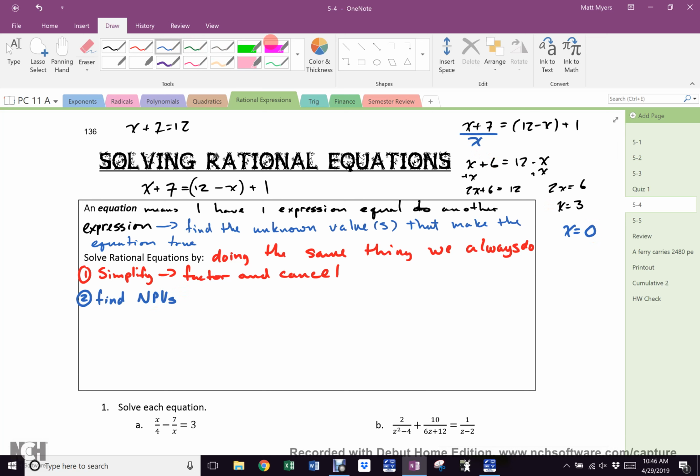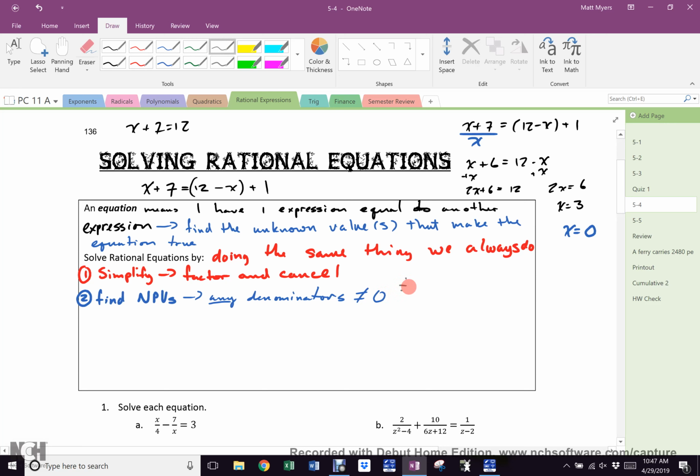How do you find your NPVs? Where do we look? Any denominators. Because remember, when we're multiplying, there's going to be 2, isn't there? Any denominators, they can't equal 0. What's my little thing to remember there?